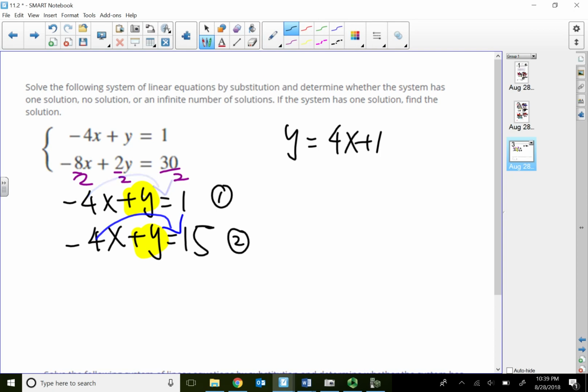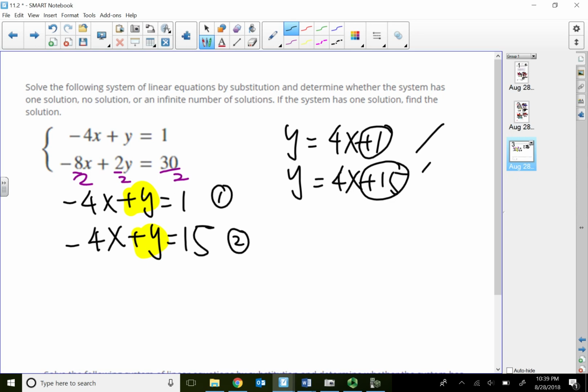The other one will say y equals 4x plus 15. So what does that mean? That means when two lines have the same slope, where the y-intercepts are different, the two lines are parallel. Okay. So parallel lines have no solution.